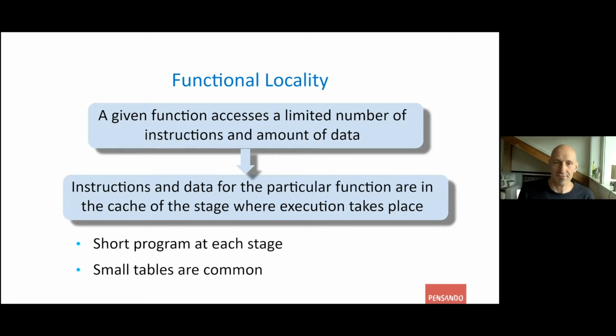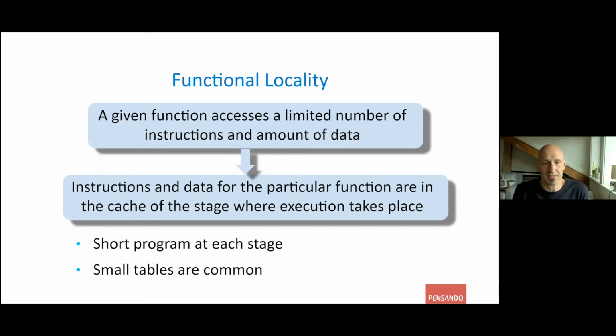So if that function is executed in a certain stage, there is a very high probability that those instructions and that limited amount of data will be in the cache of that stage if we are using a system with central memory and cache.